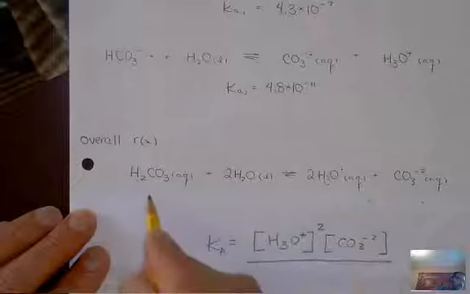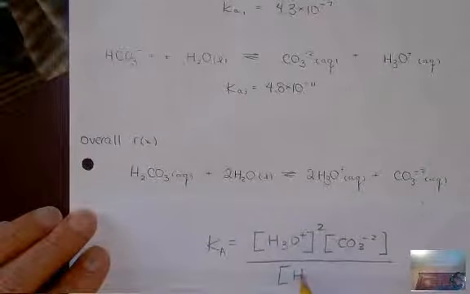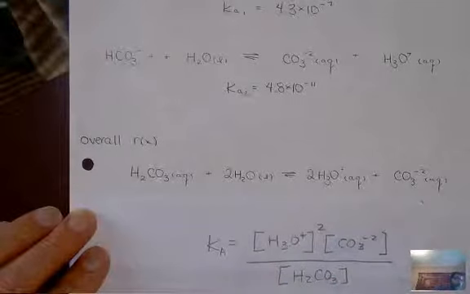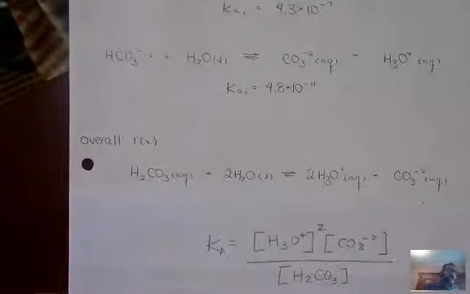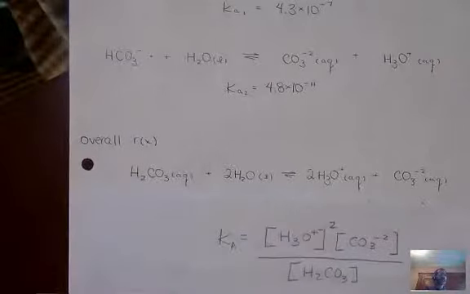and divided by the reactants. Well, there's only one, H2CO3. And that's the first power. The 2 water molecules you leave out because you always leave water out. Okay, so the last thing I want to do is, let me finish up with a note at the bottom of the page, and then I'll draw a picture for you called a distribution diagram.